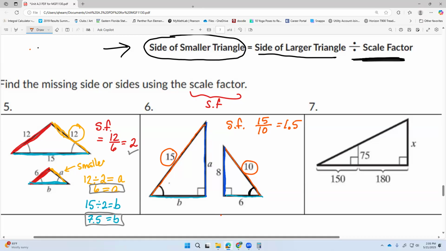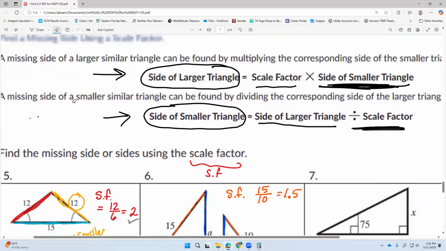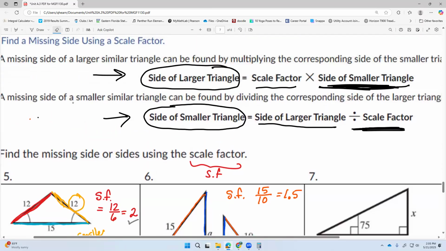All right, now let's look to see what we need to find. Do we need to find the sides of a smaller triangle or a larger one? We're looking for A and B. Those are both in the larger triangle. Let's scroll up a little bit. Remember, if you're looking for the side of a larger triangle, you take the scale factor and multiply it times the side of the smaller triangle.